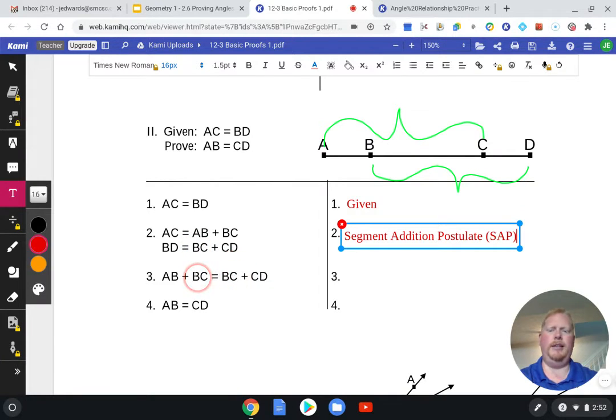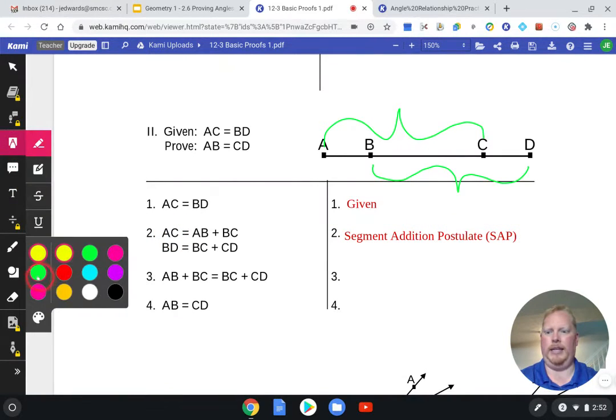All right, now take a look at what we've got going on here. They say AB plus BC is equal to CB plus CD. So what they did here was they said, since AC is the exact same thing as AB plus BC, let me highlight that.